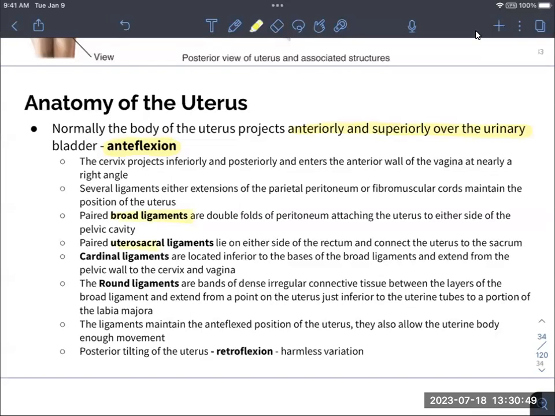We have uterosacral ligaments, which connect the uterus to the sacrum. The cardinal ligaments go from that pelvic wall to the cervix and the vagina. The round ligaments are part of that broad ligament.